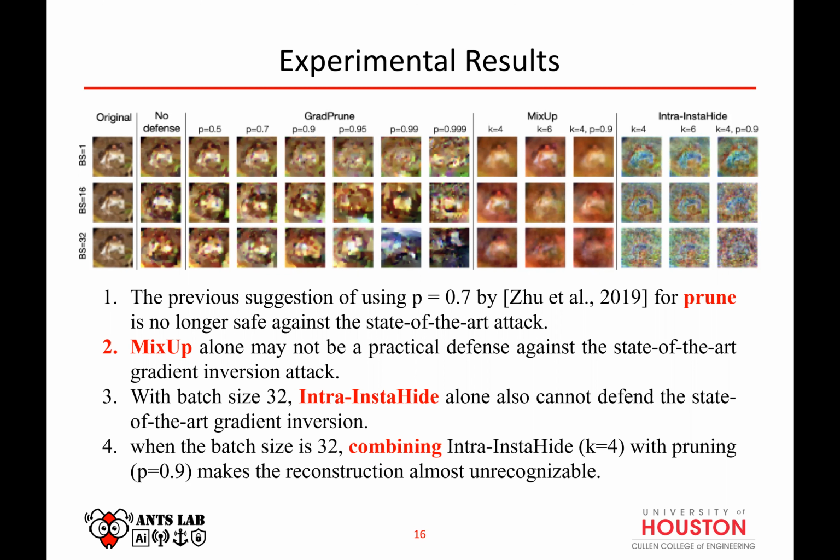In another paper, they consider whether we need a public dataset. The public dataset may be used to train a GAN or an encoder to better extract information from the recovered image. So this is a general assumption.